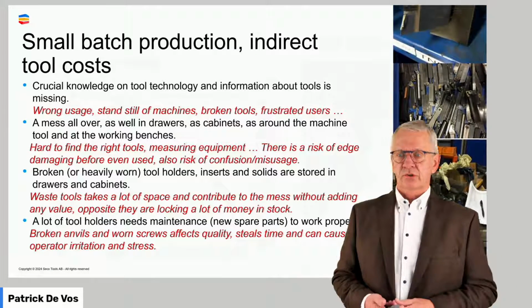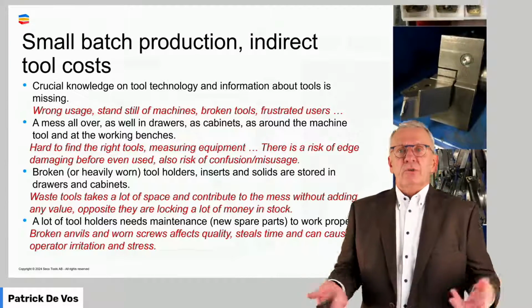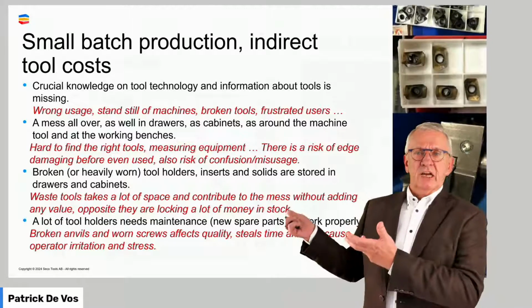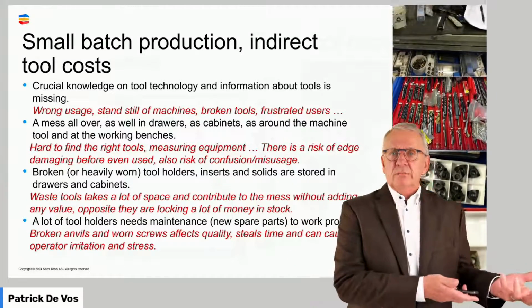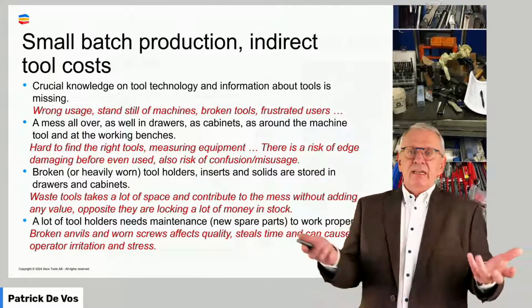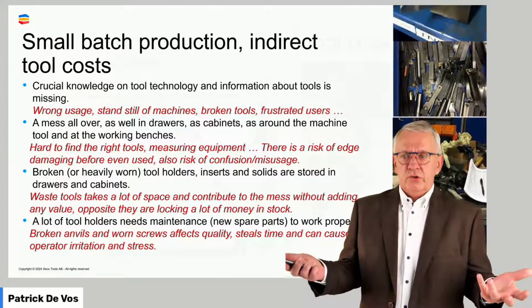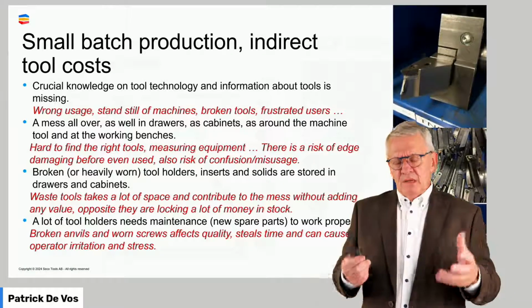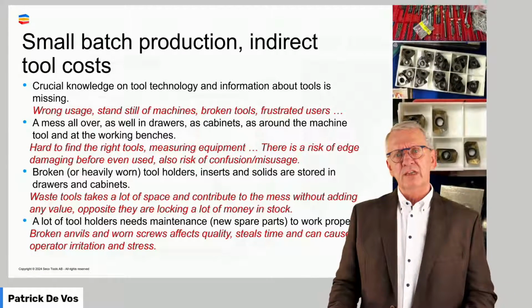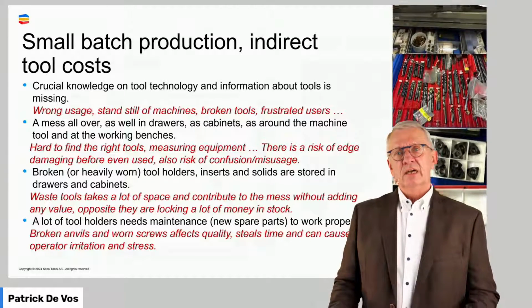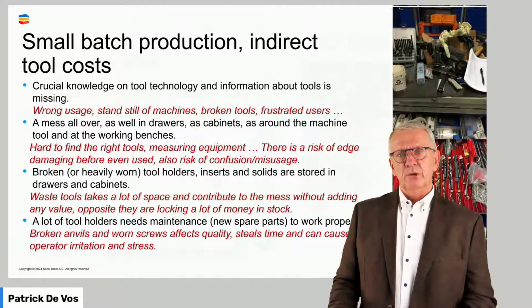Again, extra costs. If you know the tools are there, but you don't find them, so the operator is out on a safari trying to find the tools somewhere. In the meantime, the machine is standing still. Again, a hidden source of costs. And perhaps this is the reason why tools in the end cost more than expected. You have the directly measurable costs.